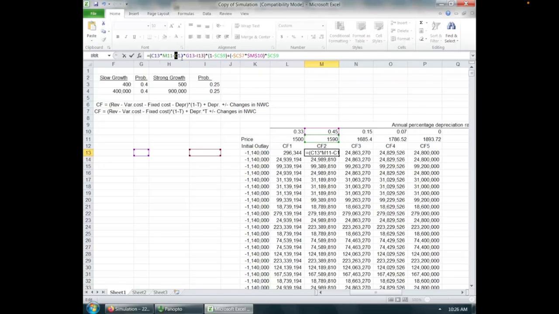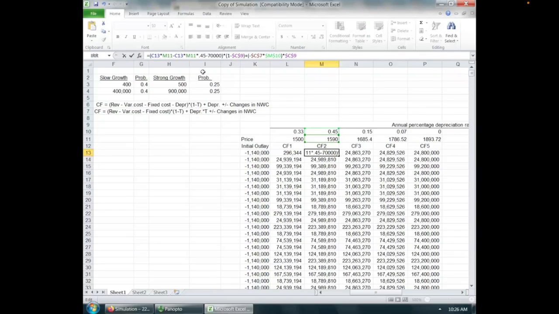Then subtract variable cost, units times the price. So let's change that, multiplied by 0.45. So that would be your variable cost in year 2. Subtract $70,000, which is the fixed cost, multiply by 1 minus tax rate, add depreciation tax shield back, where you take the initial investment, multiply by the percentage of depreciation in the second year, times the tax rate.